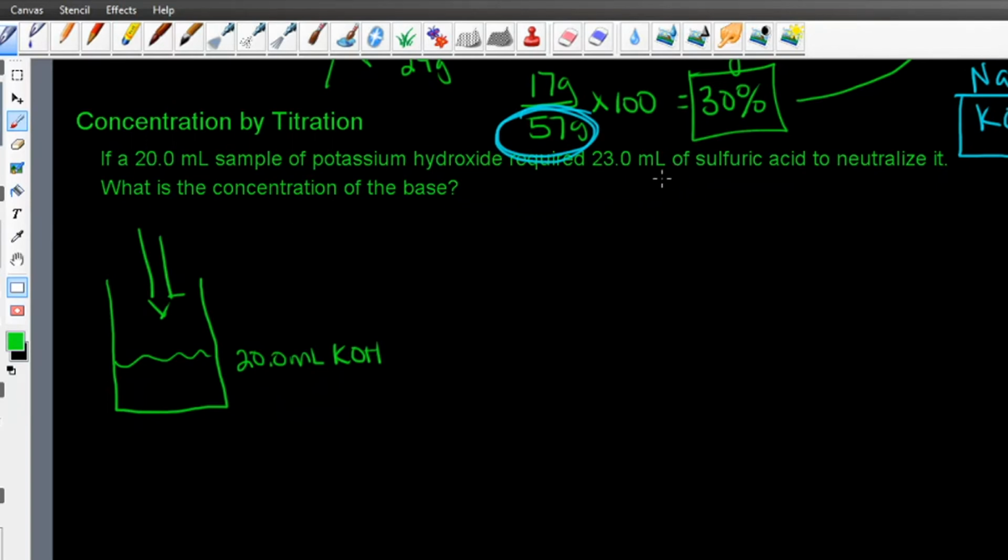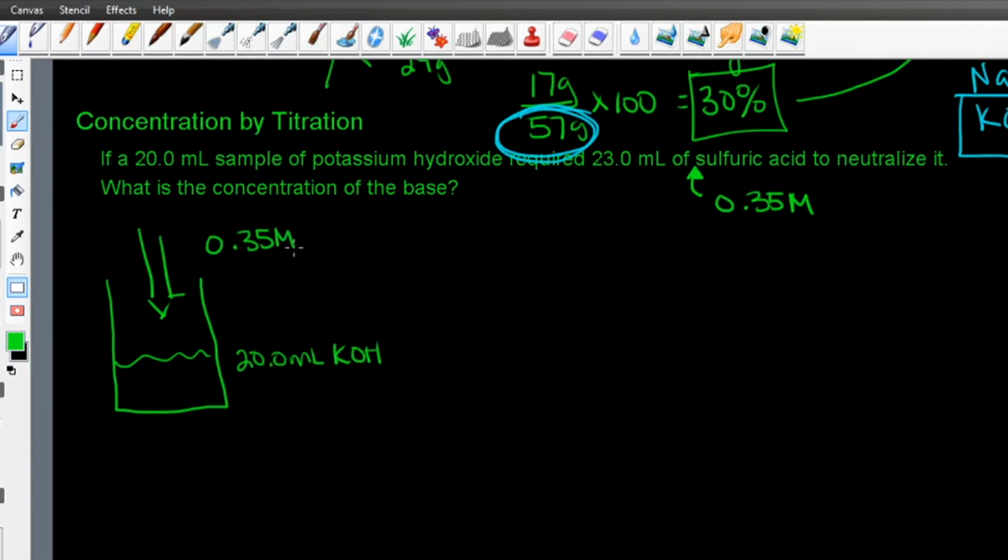Jeez Louise. Okay, you needed a molarity in this problem, you guys. Let's say the molarity was 0.35 molar sulfuric acid.